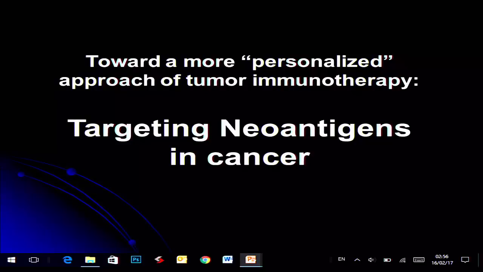But usually those antigens, those proteins, are also expressed by normal cells. So when you teach T cells to target those antigens, those T cells might attack normal cells, and this results in toxicities that can kill a patient.